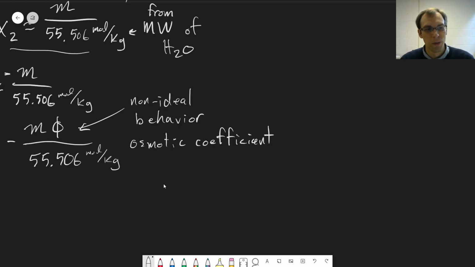But we can relate this osmotic coefficient to the activity coefficient. And it uses the Gibbs-Duhem equation, this relationship between our chemical potentials of component 1 and component 2.